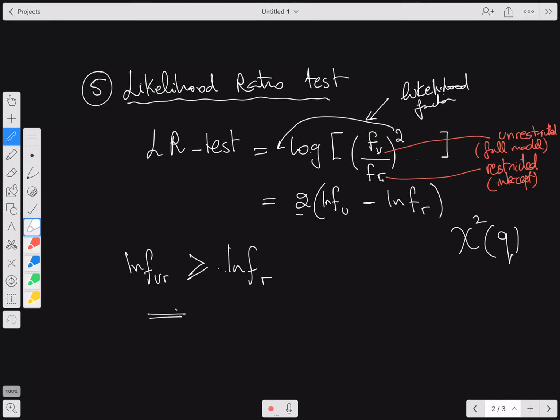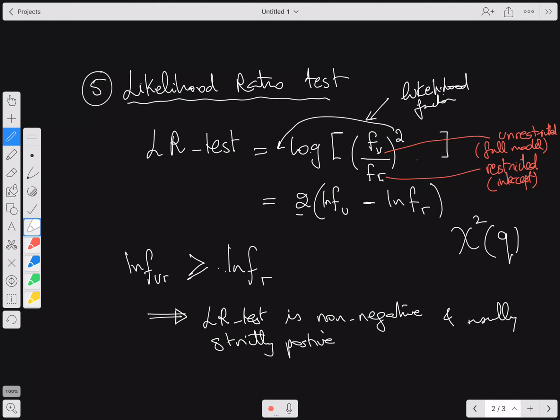So that means that this likelihood ratio test is non-negative, and it's actually usually strictly positive.